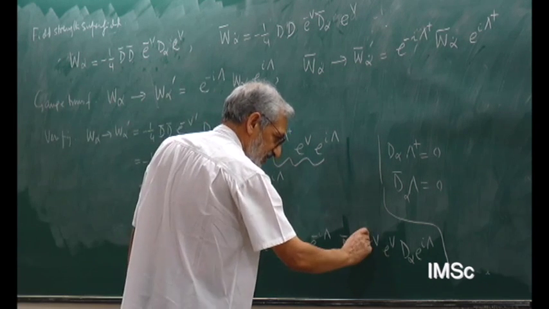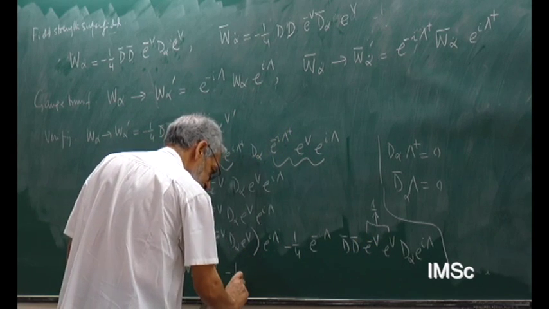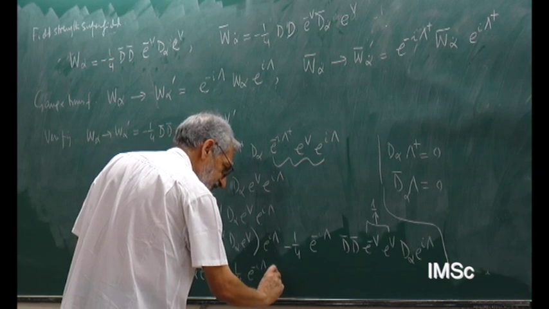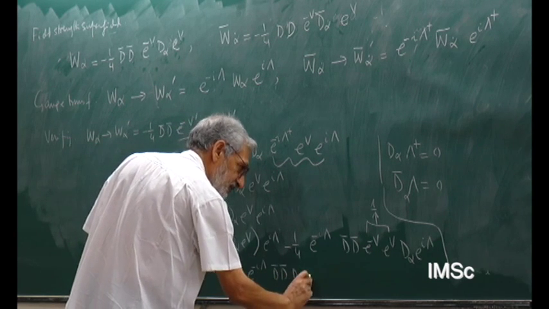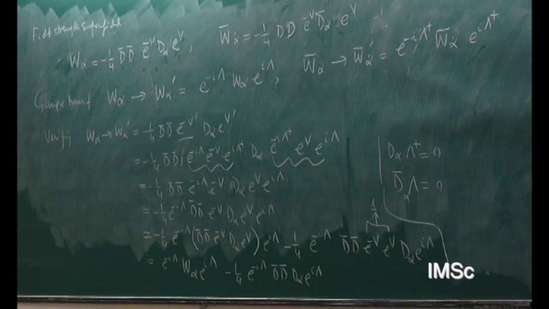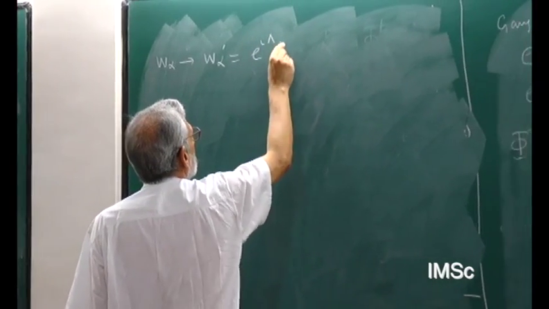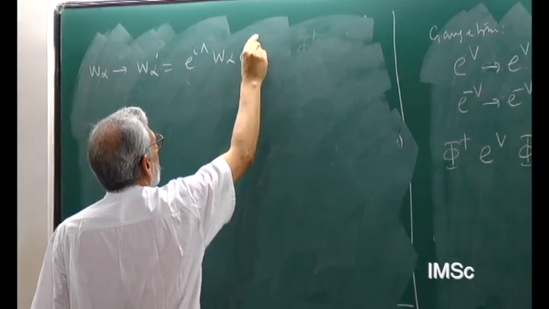This is e^V and e^{-V}, so this is 1. So W alpha transforms to W alpha prime, which is e^{i lambda} W alpha e^{-i lambda}.